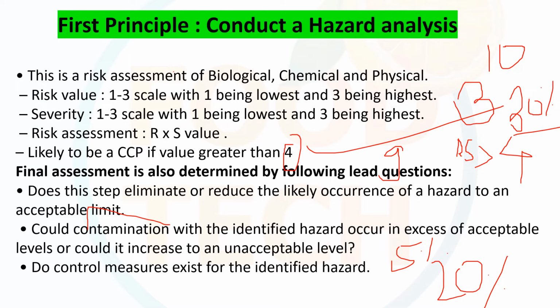So you can know about the acceptable and unacceptable levels or limits. And do control measures exist for the identified hazards, how can we identify and counter those, and what measures are taken for this.